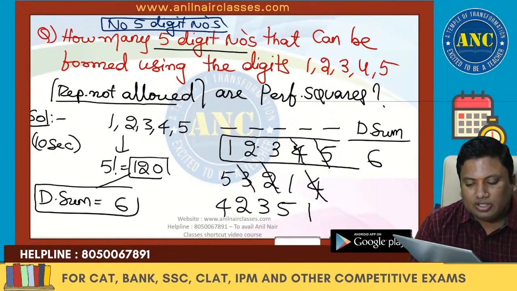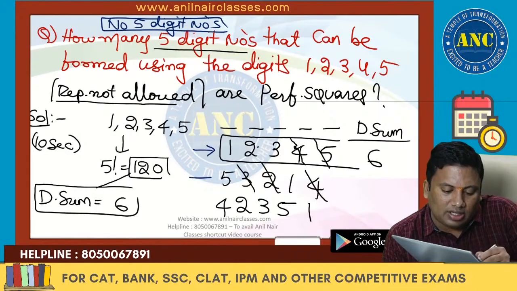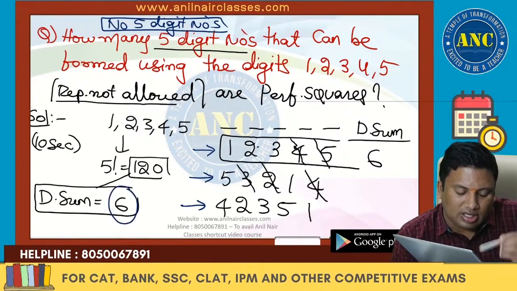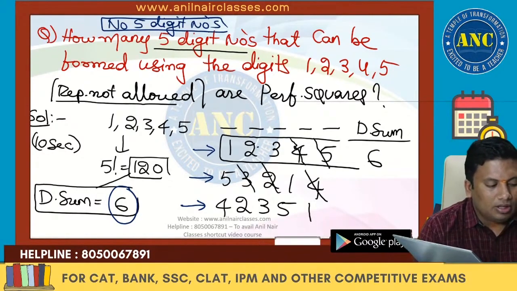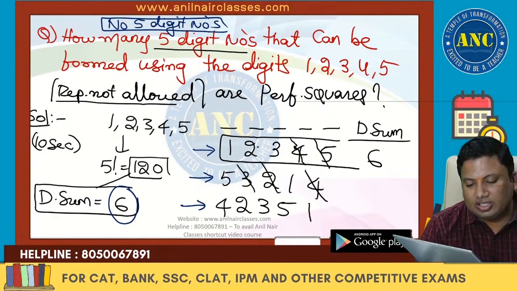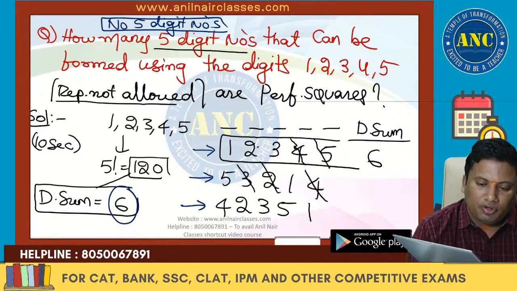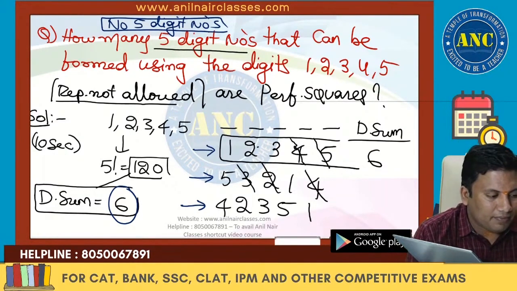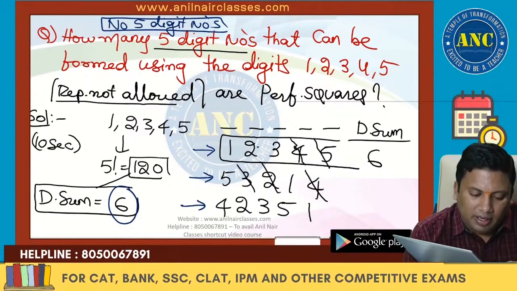Out of 120 numbers, all the numbers have digital sum 6. So there is no number whose digital sum can be 1, 4, 7 or 9. I hope this concept is clear for everybody. Next one.